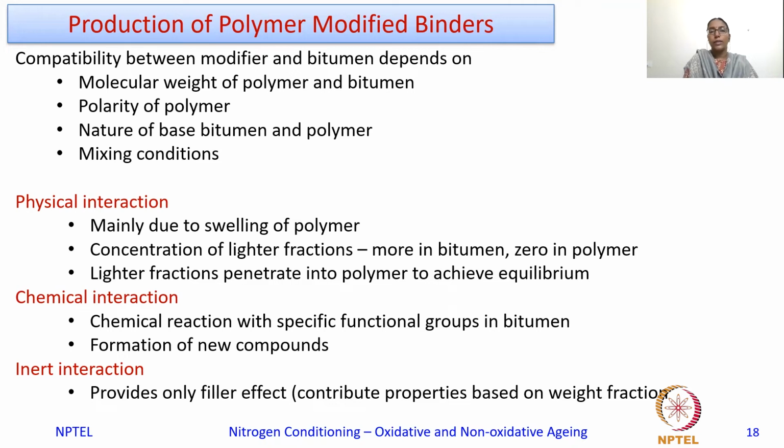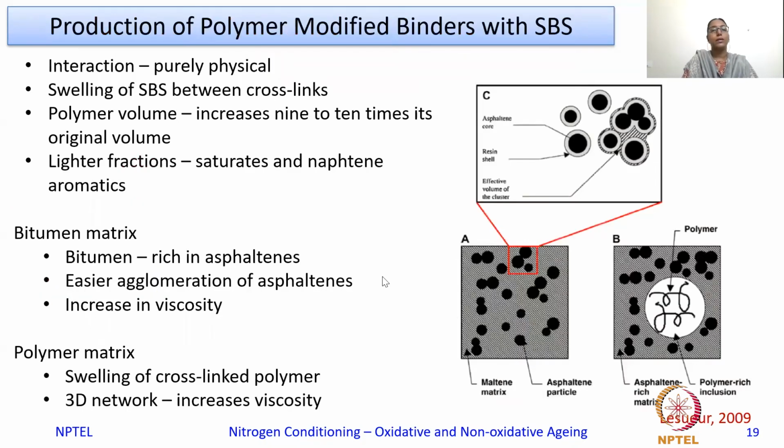Now, if you look at the modification of bitumen with an elastomeric polymer like styrene butadiene styrene, or SBS, it is essentially a physical interaction, wherein the swelling of the SBS happens between cross links.